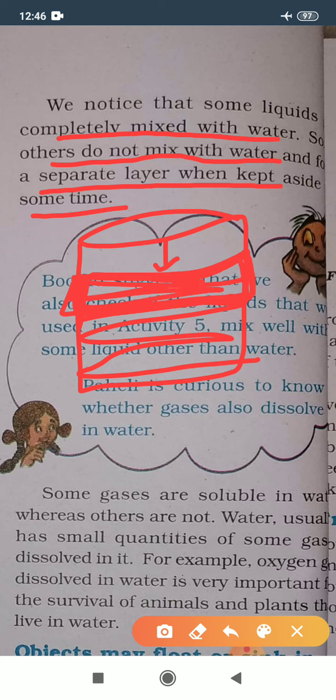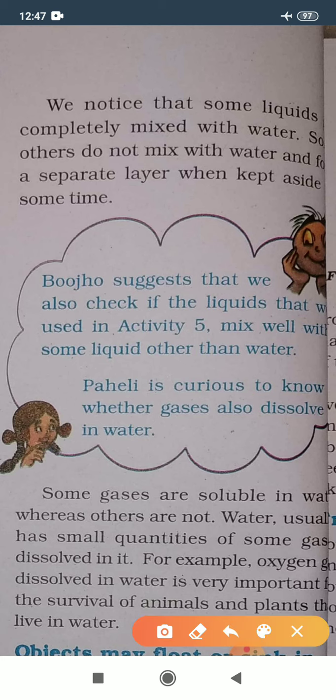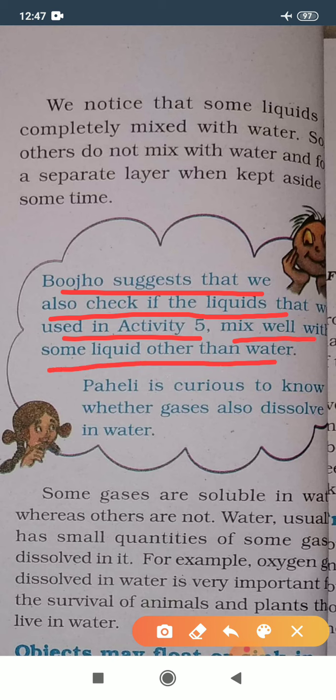So this layer separates these two liquids into separate layers. Bujo suggests that we also check if the liquids that we used in activity 5 mix well with some liquid other than water. Paheli is curious to know whether gases also dissolve in water.